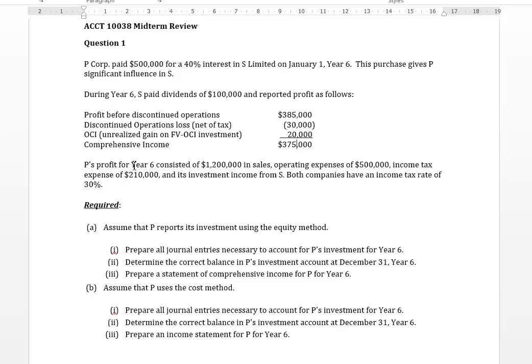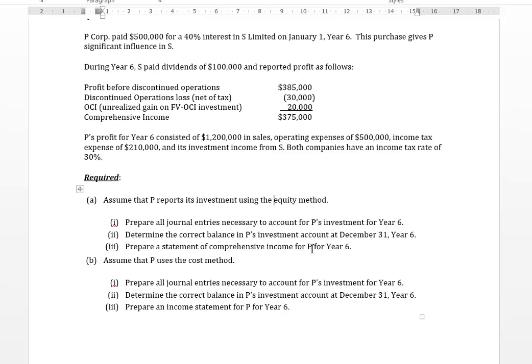So now we've given you some information on P Company, the investor's profits, which consisted of sales and operating expenses and some tax expense, and any investment income that it earns from its investee S. We've given you a tax rate. So again, using the equity method and cost method, you're going to do some entries, prepare a balance sheet for us, and an income statement.